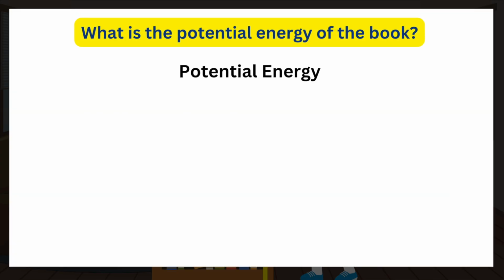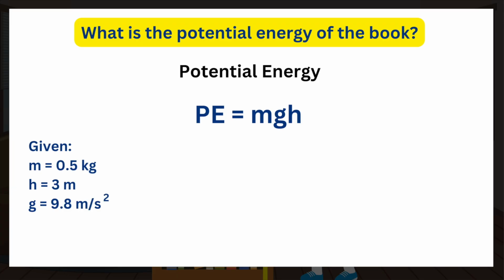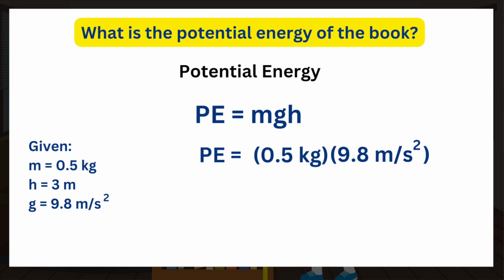To calculate the potential energy, we can use the formula: potential energy is equal to mass times gravity times height. Let's substitute the given values. So we get PE = 0.5 kilograms times 9.8 meters per second squared times 3 meters.